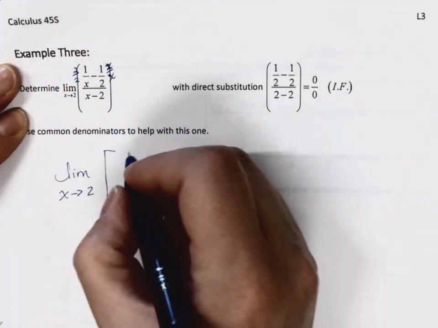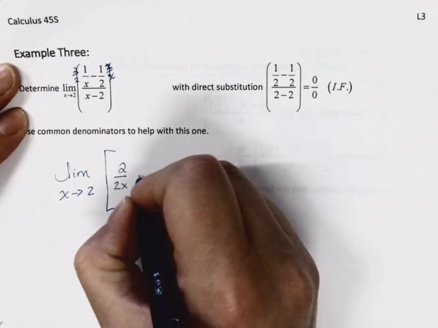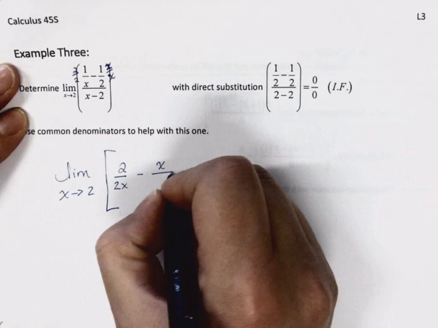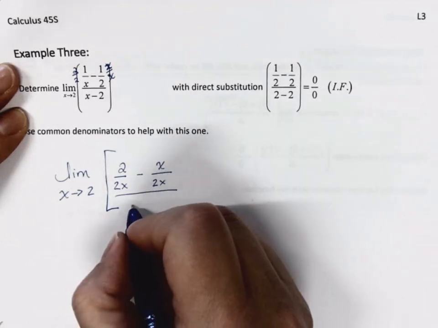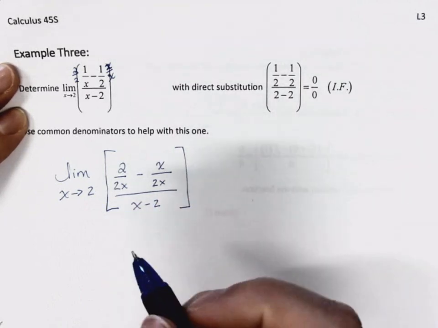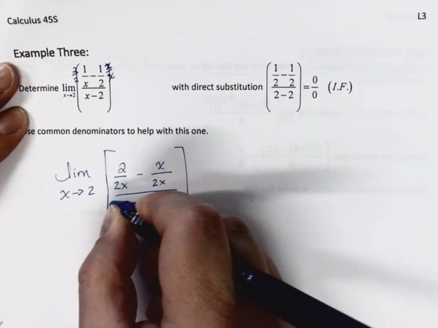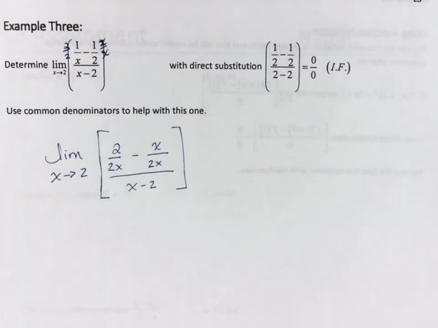So I'm going to have 2 over 2x minus x over 2x, all over x minus 2. Oh, holy Hannah, I didn't use enough big brackets there.